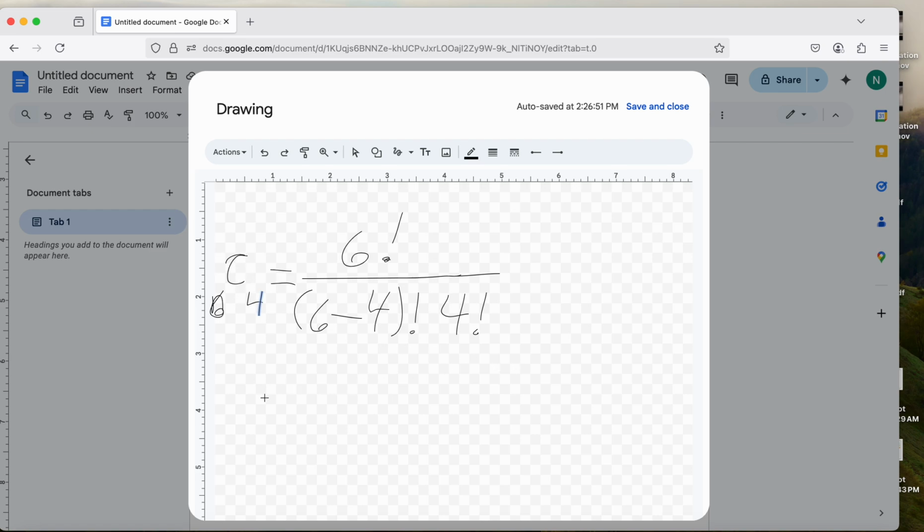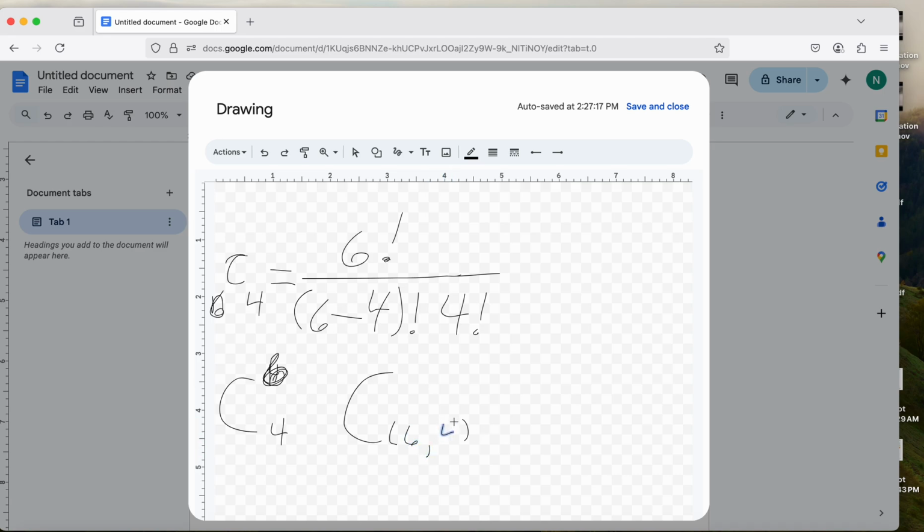Now, there's some other notation for this combination formula. Sometimes you'll see it with the C, and you'll have the 6 here and then the 4 down here. Sometimes you see it with the C, and then you have the parentheses, and then you'd have the 6 and the comma, and then the 4.